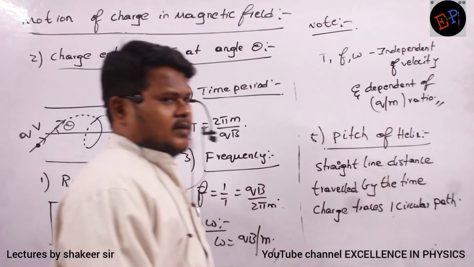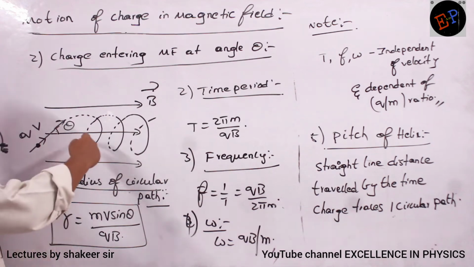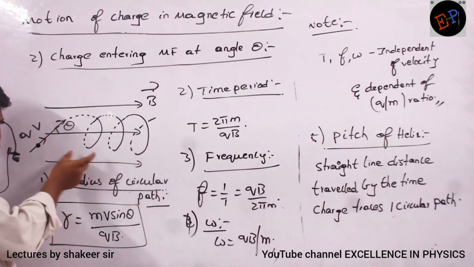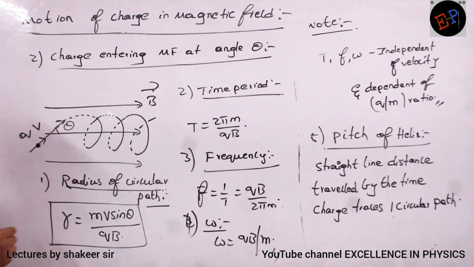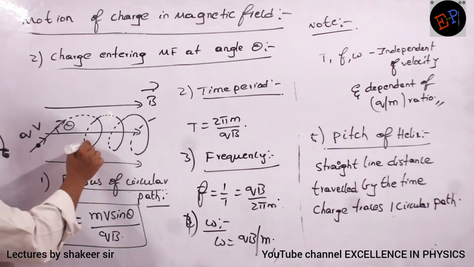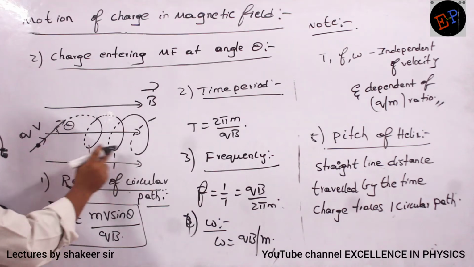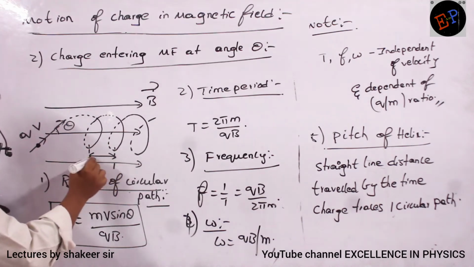Okay? By the time it moves one circle, it will move some straight line distance also, no? That distance is nothing but the pitch of the helix. Or you can say this distance between two circles, you can call it the pitch of the helix.